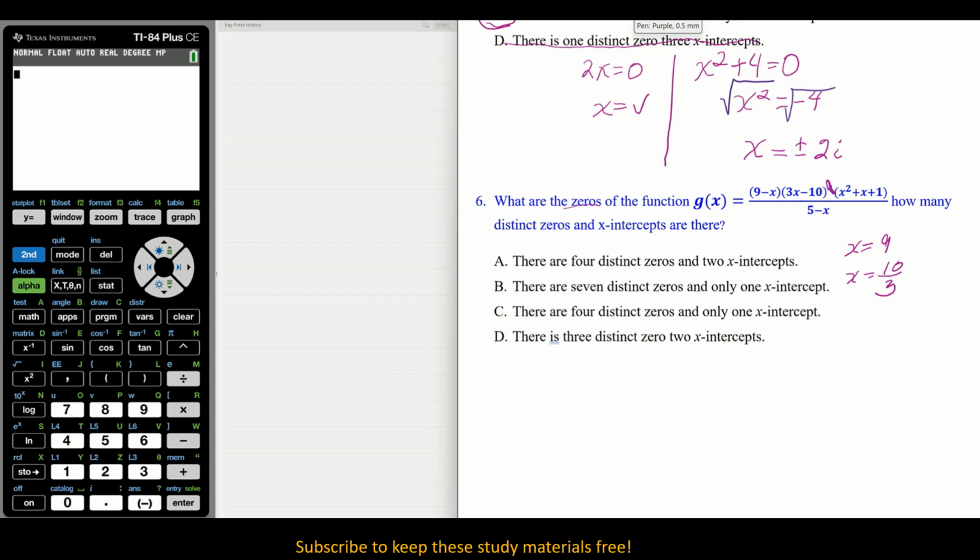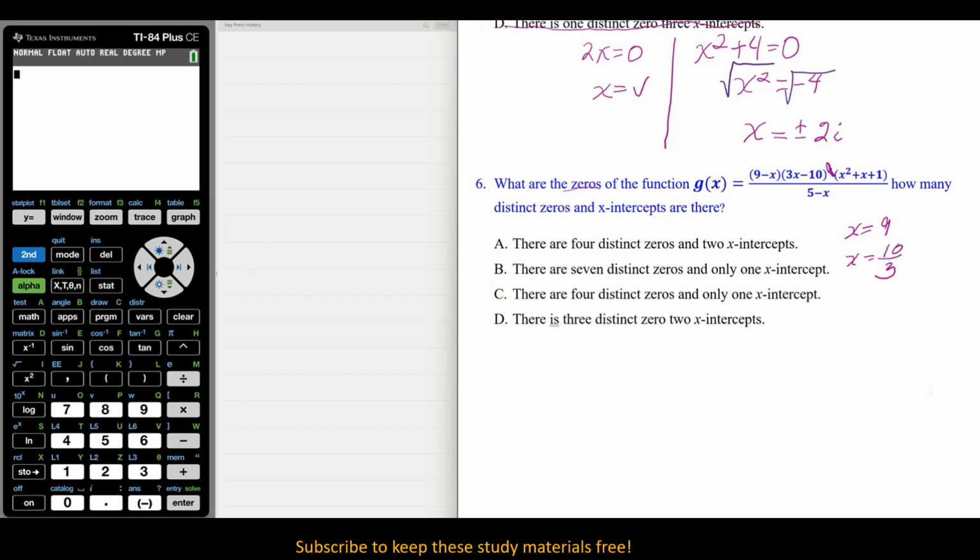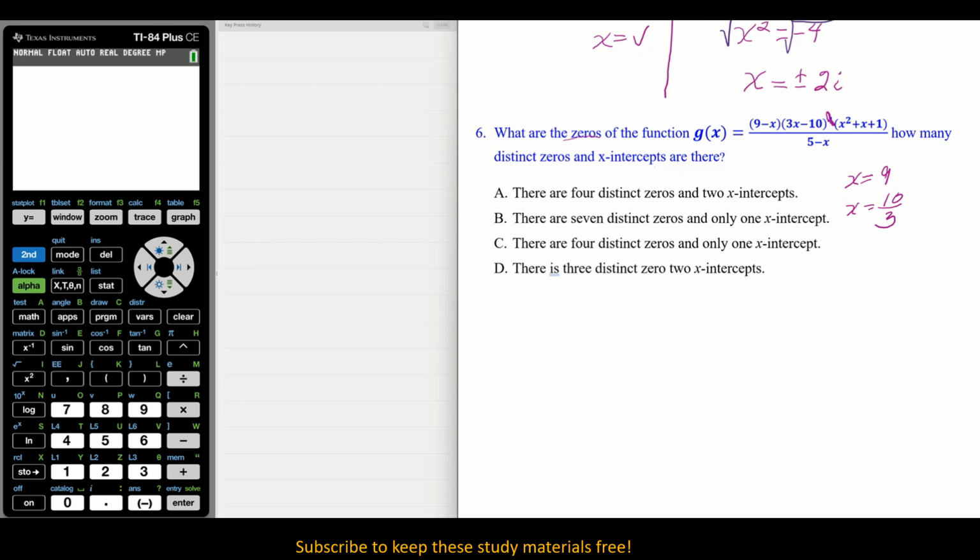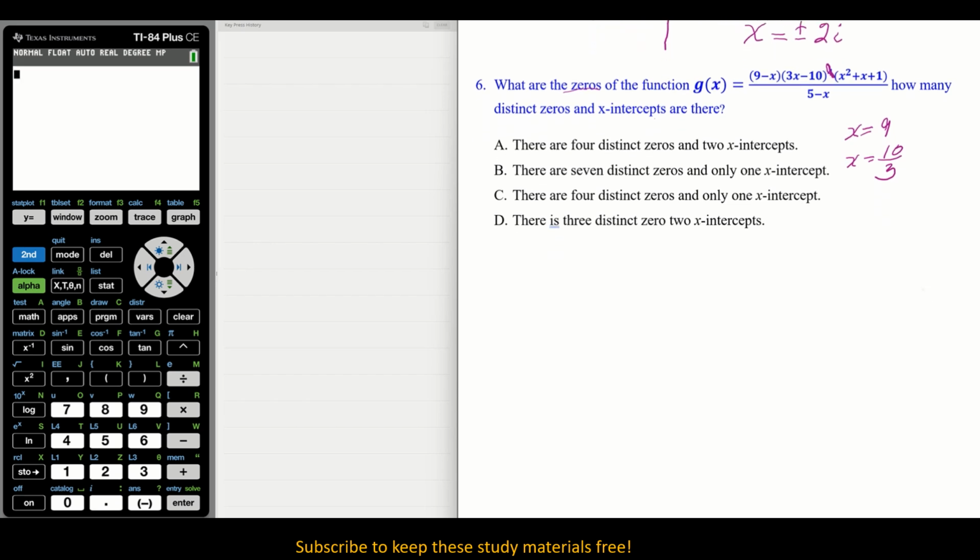Well, let's go ahead and try to start answering the actual question. That means I'll have 1, 2, 3, 4 distinct zeros. So it isn't B because that says 7. Well, 7 is the actual degree of the whole function g of x, in its entirety.